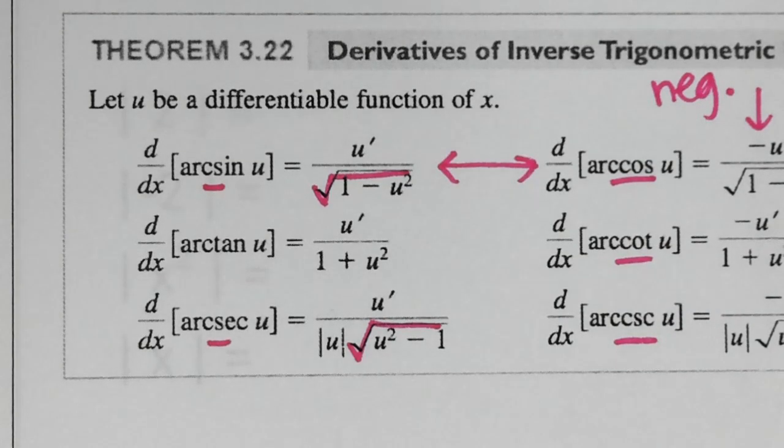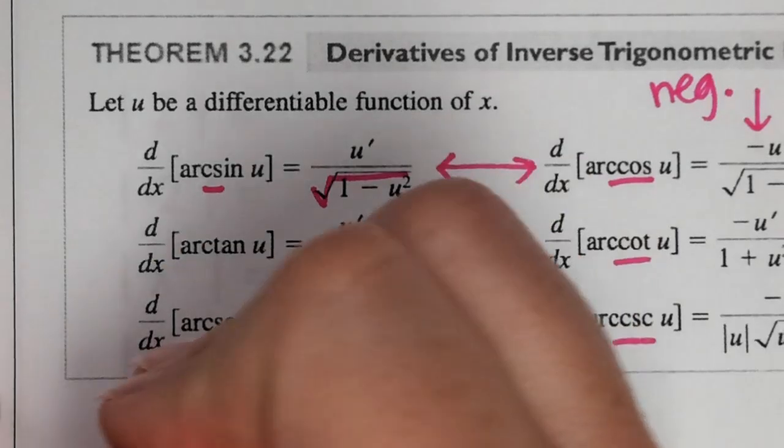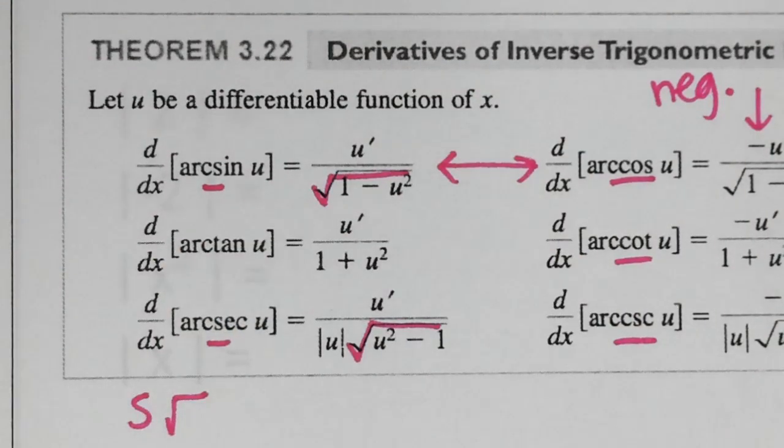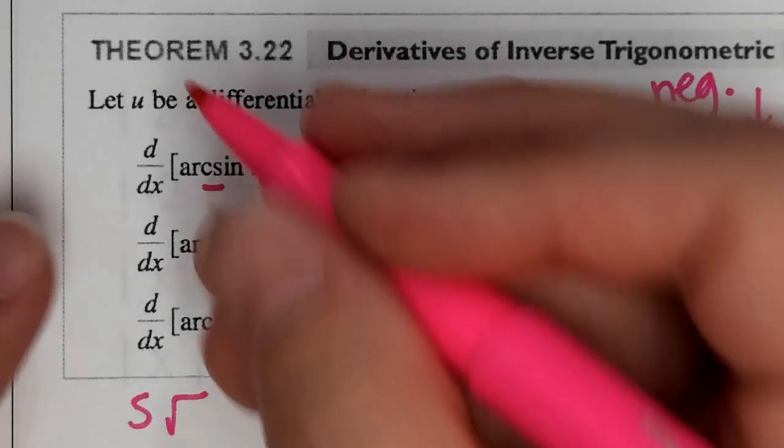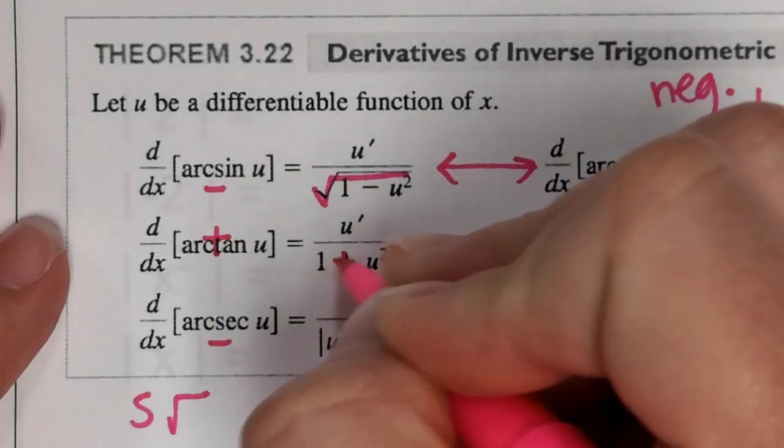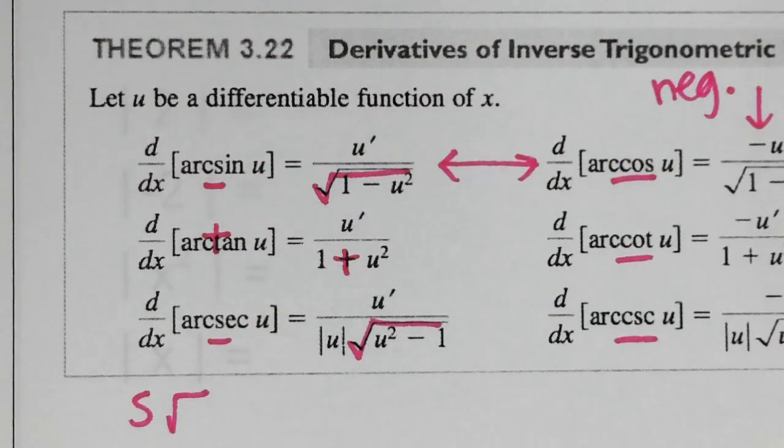So the ones with the S, sine and secant, have square roots. That should be easy for you to remember. S has a square root. Okay? Which one has a plus in it? Oh, tangent is the only one with a plus. That T looks like a plus. There you go. That's the only one with a plus.